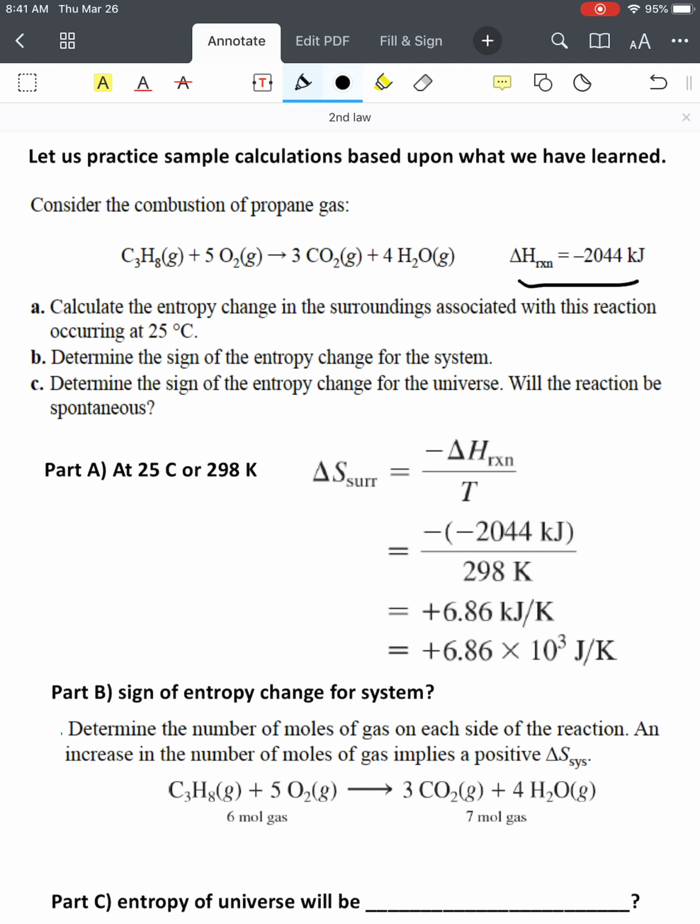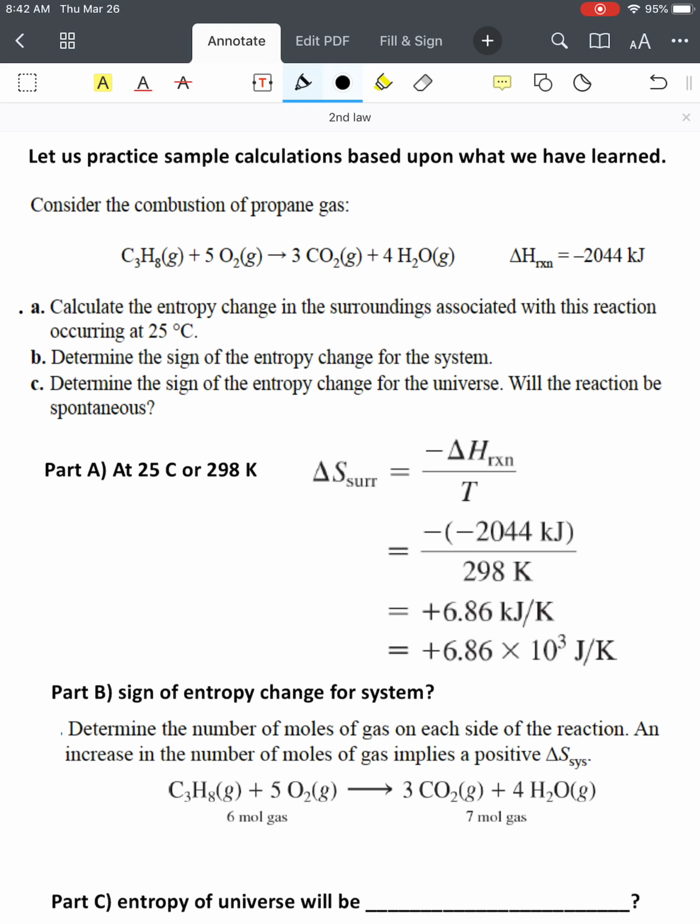This is our enthalpy, isn't it? That's the one from chapter 6. We can also see that this reaction is exothermic because of the negative sign. We probably already knew that because it's a combustion reaction. We're all familiar with combustion reactions giving off heat, all right? All right, so everything is about as expected.